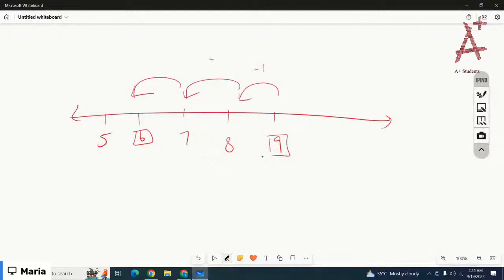You subtracted 1 three times. So from 9, how many times do you go back? 1, 2, 3. You went 3 times back, and you ended up on 6. That means when you start with 9 and go back 3, you end with 6, right? Okay, let's start with the practice questions.